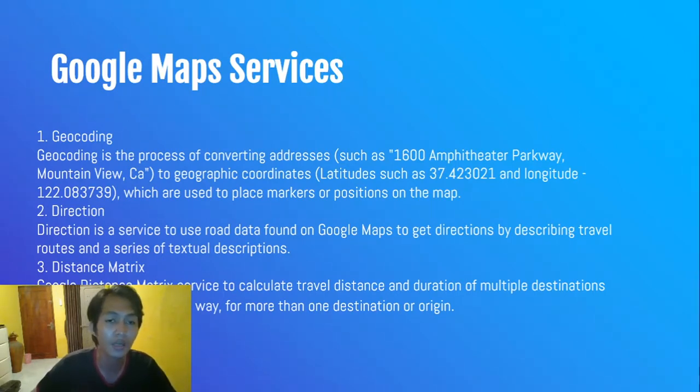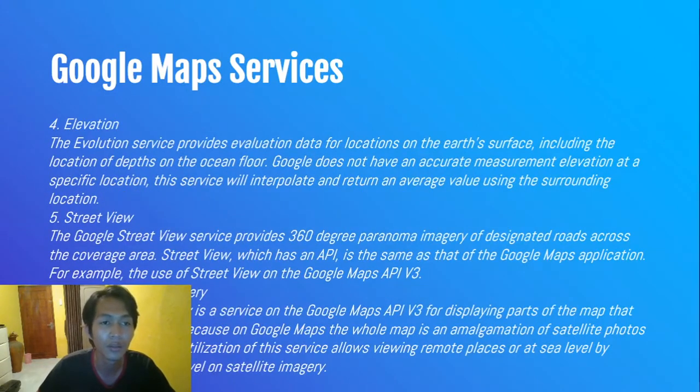So geocoding converts a name to latitude and longitude. There are also elevation, street view, maximum zoom imagery, but I don't want to talk a lot about them.